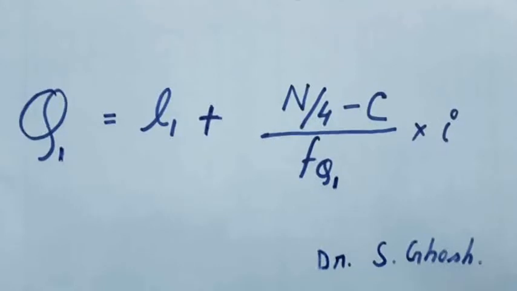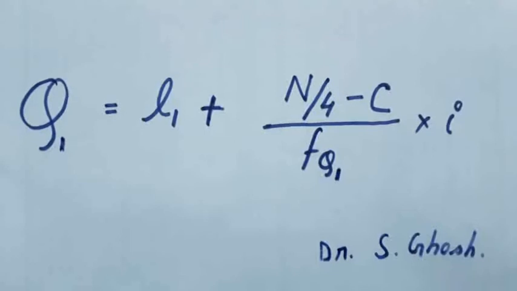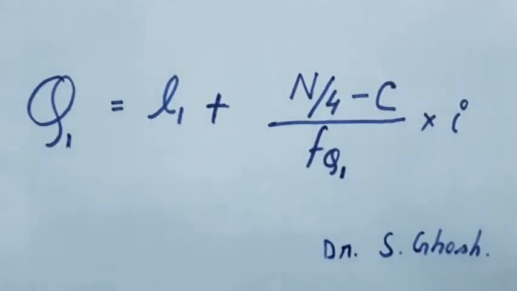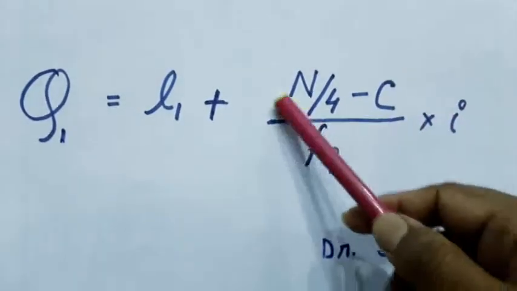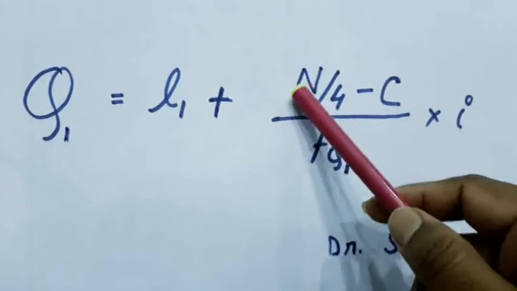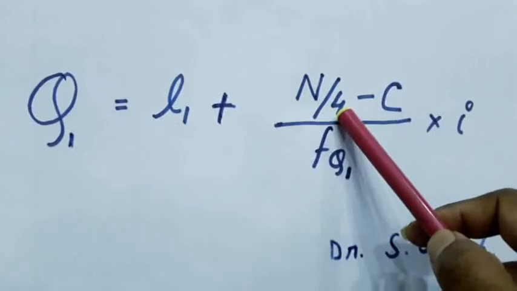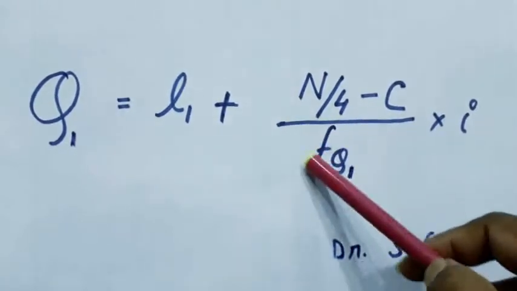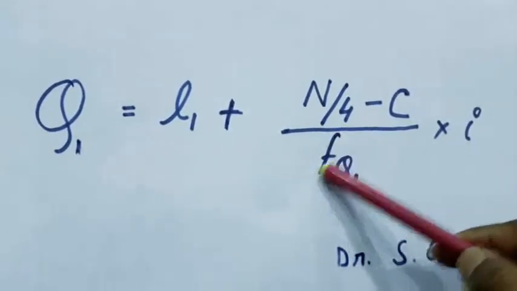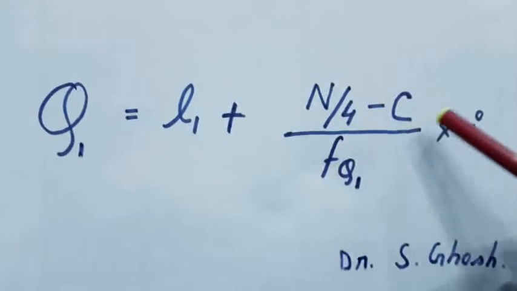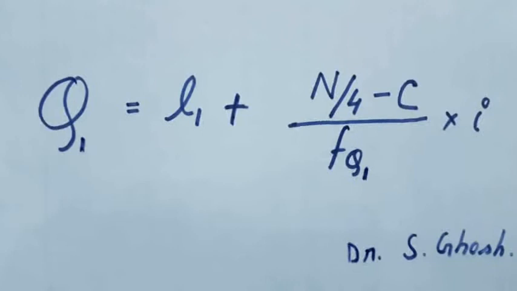This formula is quite similar to the formula of calculation of median. In case of median, it is n by 2, but here it is n by 4, and in the case of median it was Fm, but it is FQ1, but all other terms have specific interpretation.